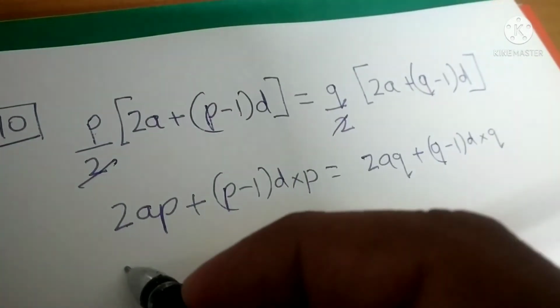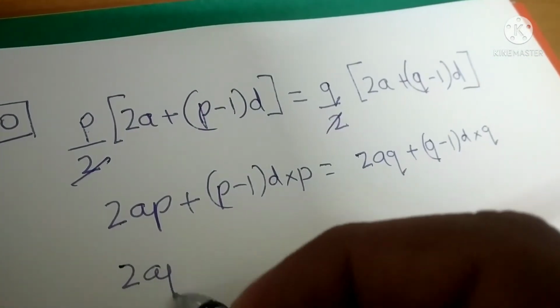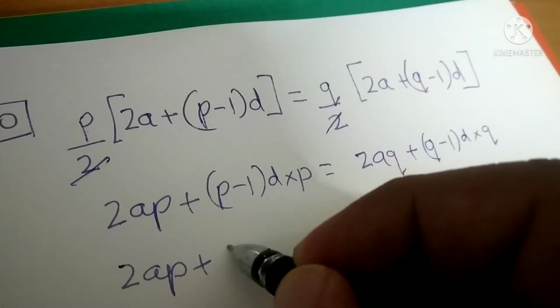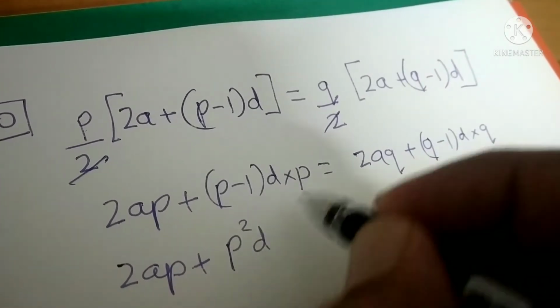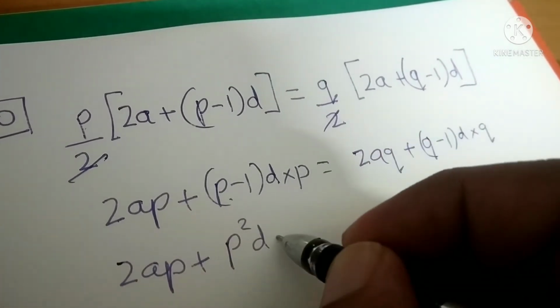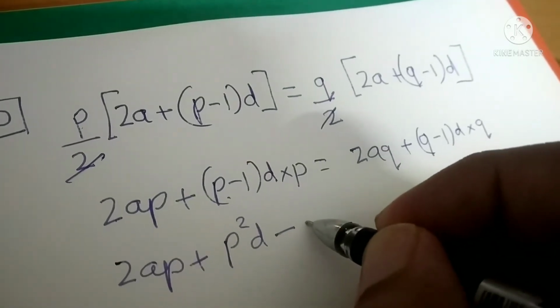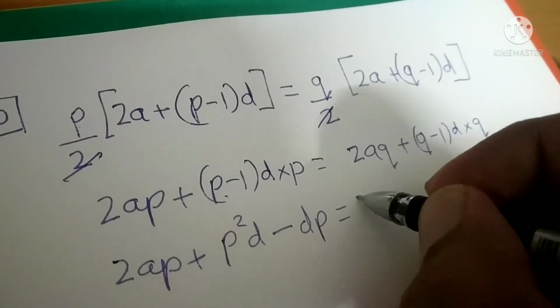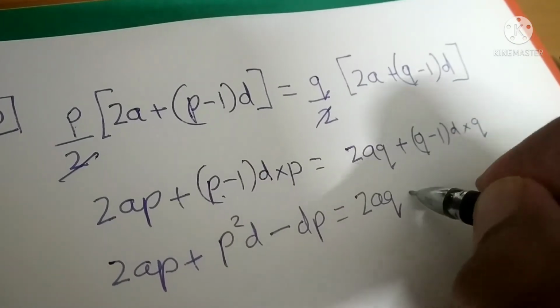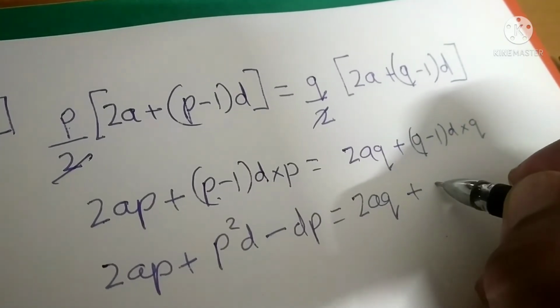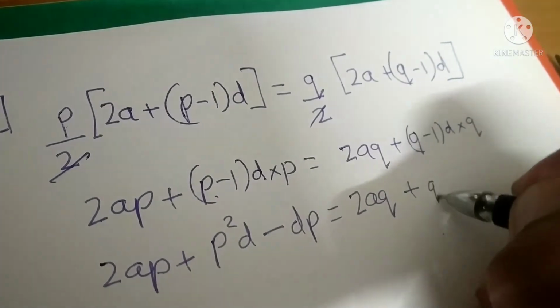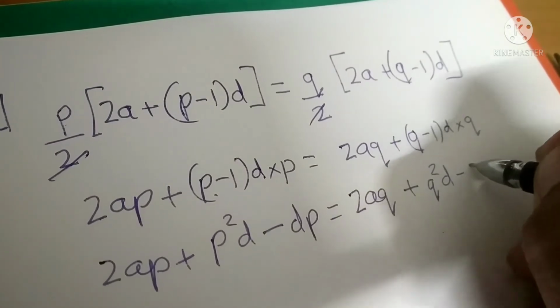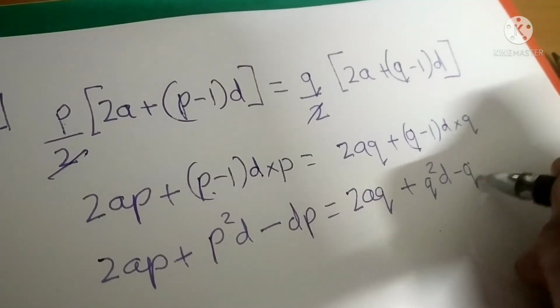So this is 2ap plus p square d minus dp is equal to 2aq plus q square d minus qd.